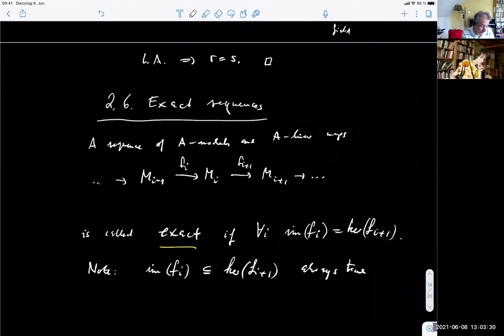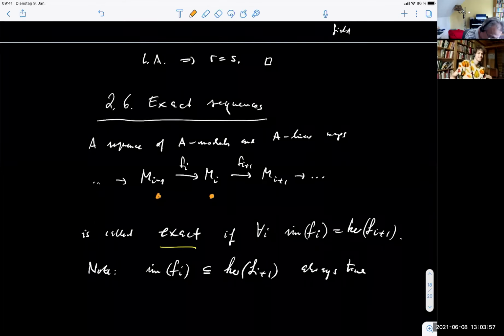Why? Let's take some color here. This is the beginning of diagram chases. An image of f_i, how do you get it? You get an element here, maybe I don't even give it a name, but it comes from an element here. No, I'm saying this is not even true.